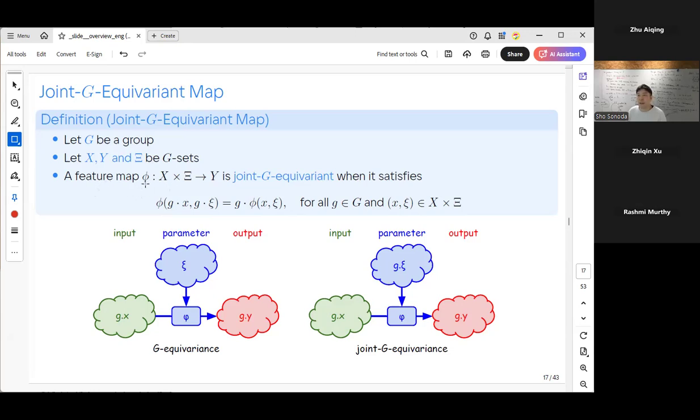Suppose that I call this phi a feature map. A feature map is a function from X to Y parameterized by Z. And we call a feature map phi joint G-equivariant when it satisfies the following condition. This condition means that if group G acts on the data and the parameters simultaneously, then the output will be acted on by group G. This is the joint action.